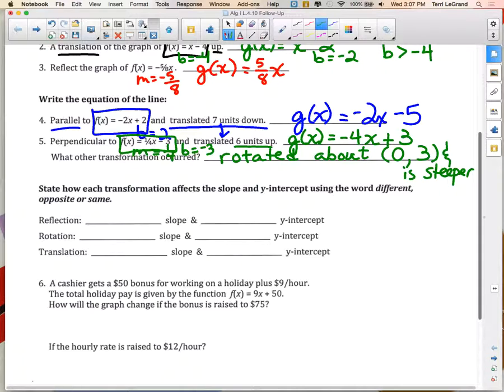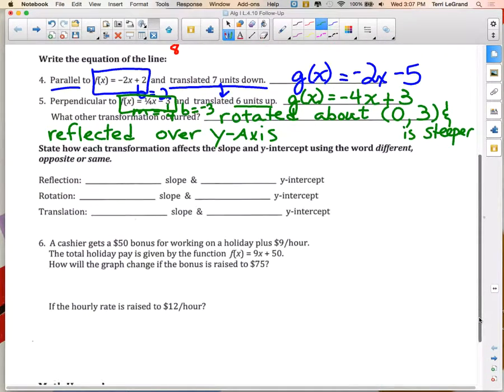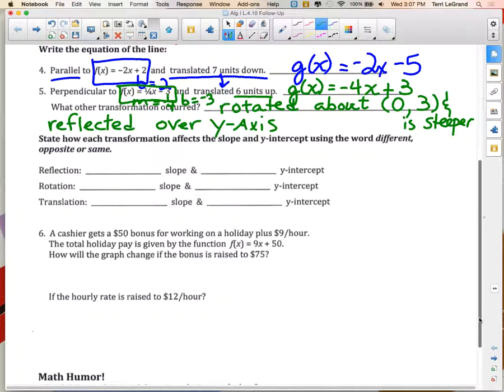The rotation is the fact that they have different slopes, but when they're not opposites, that means a rotation happened. But when they have opposite signs, that also means a reflection happened. So it reflected over what again? Y-axis. Questions on any of that part?